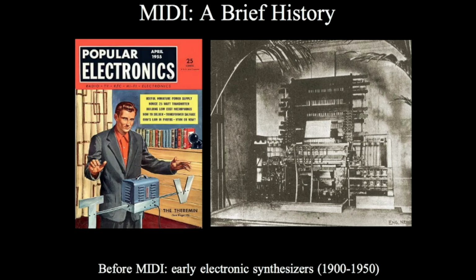The way that you play a theremin is it senses through a magnetic field how close you are to a rod. So as you can see in this drawing from Popular Electronics, the man is playing the theremin with one hand controlling the change in pitch, and with the other hand he is controlling the change in volume.